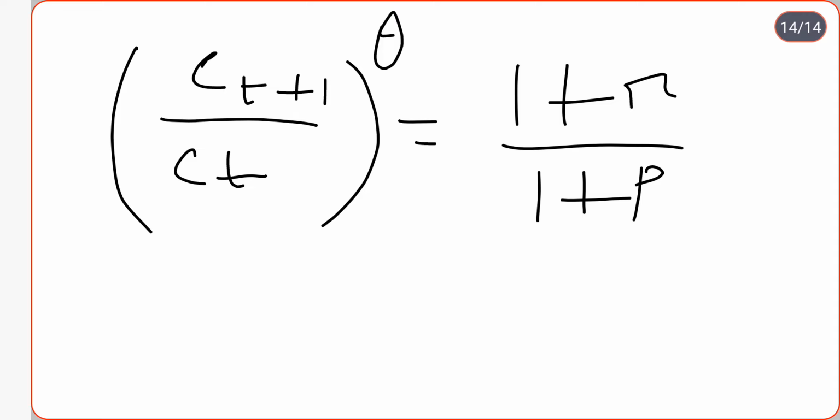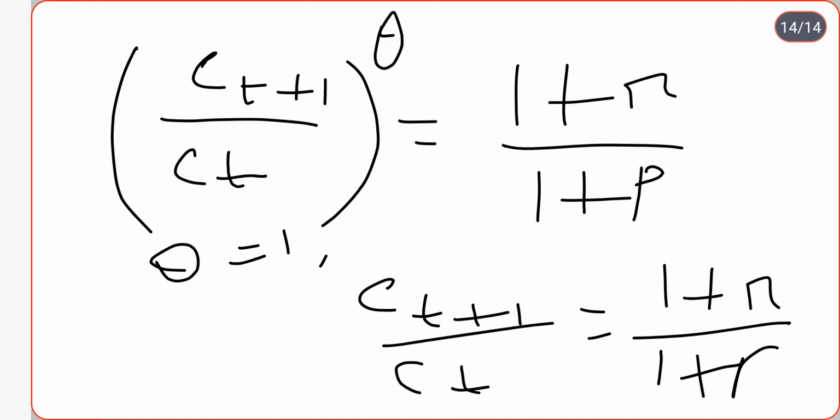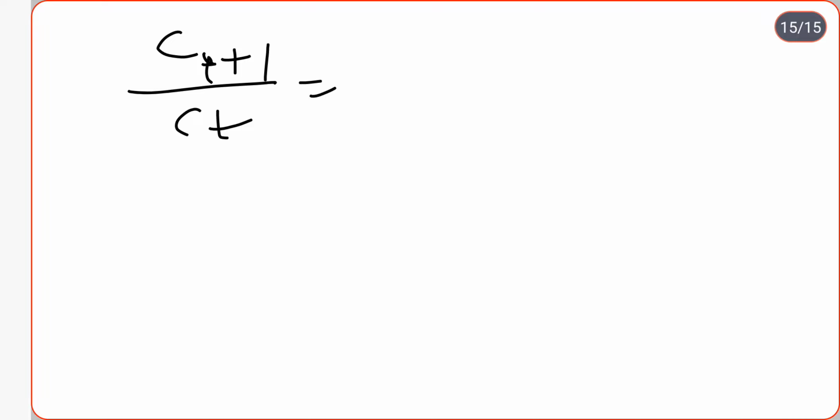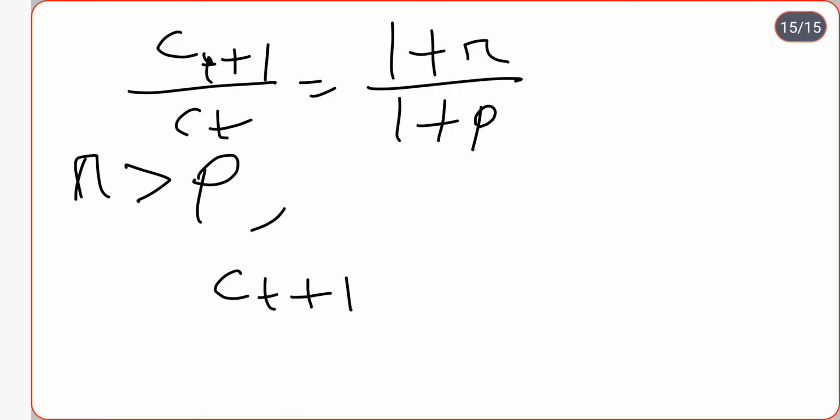Now let us assume that theta is equal to 1. So if theta is equal to 1, we are getting ct plus 1 by ct is equal to 1 plus r divided by 1 plus rho. Now let me write the equation again. Ct plus 1 by ct is equal to 1 plus r by 1 plus rho. Now if r is greater than rho, then we are getting ct plus 1 greater than ct.